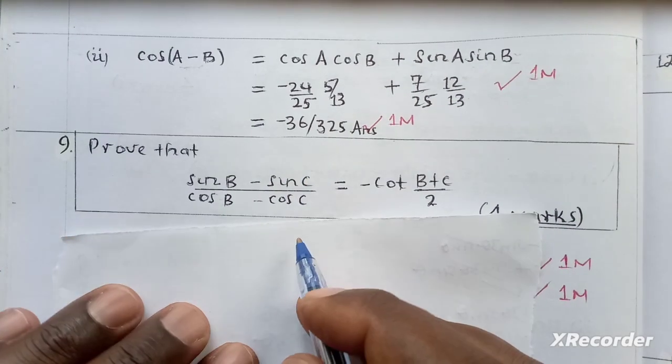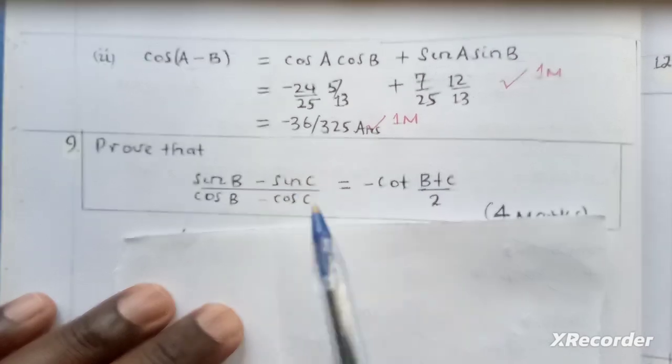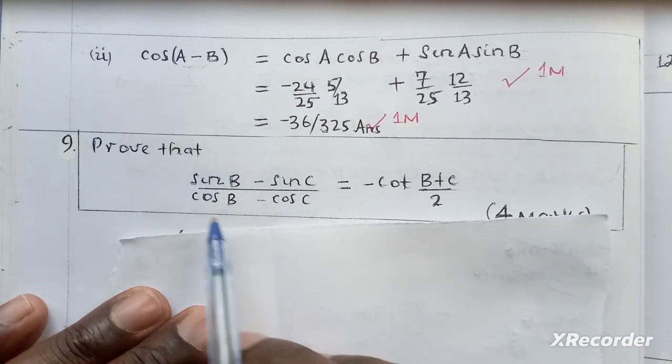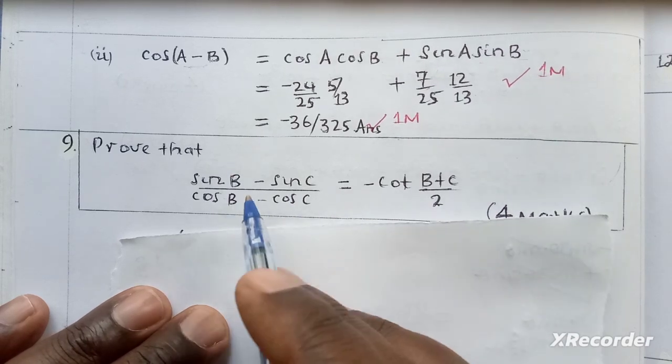You have this other problem whereby we are told to prove that this is equal to that. So how do we do that? We use the addition and difference of ratios.